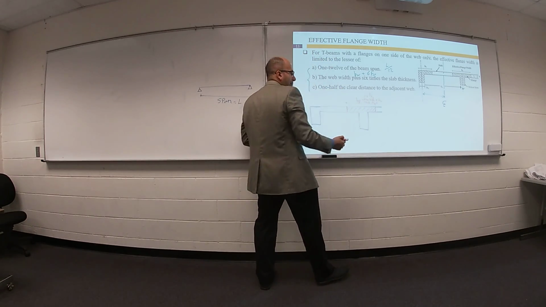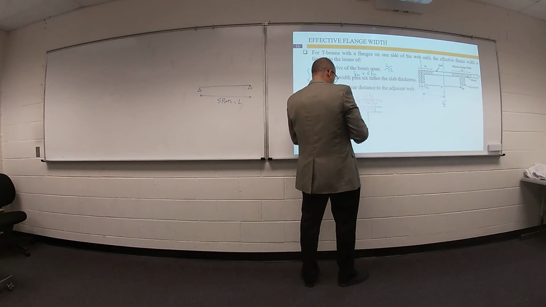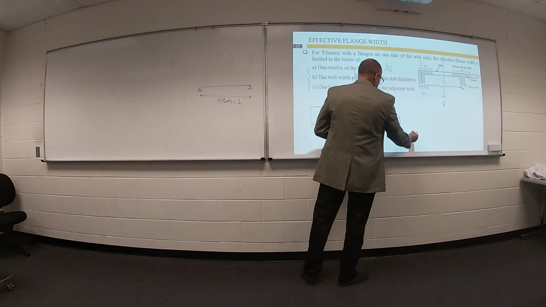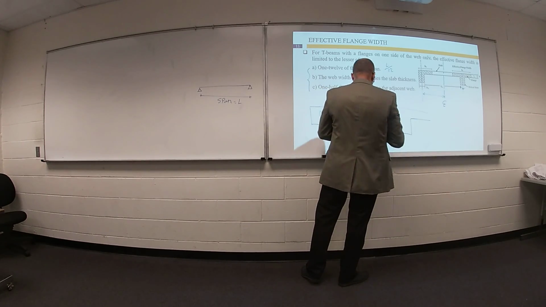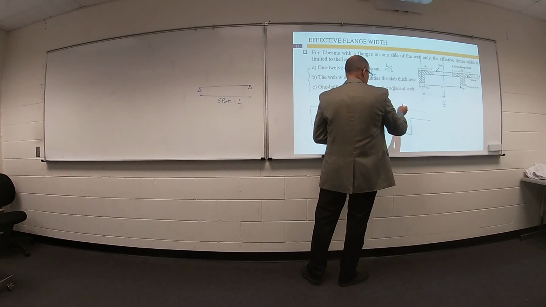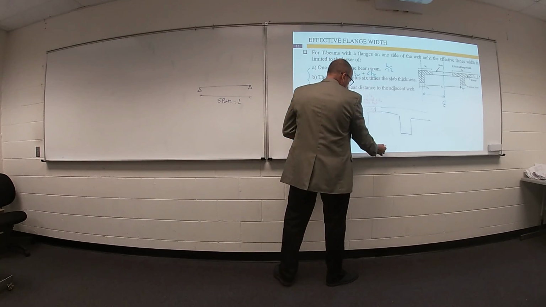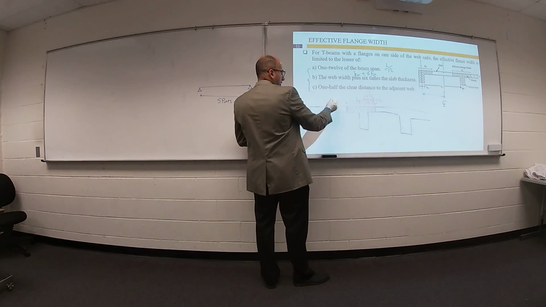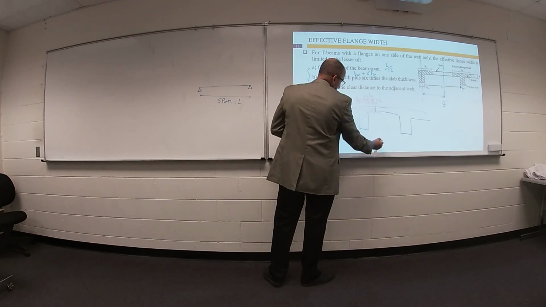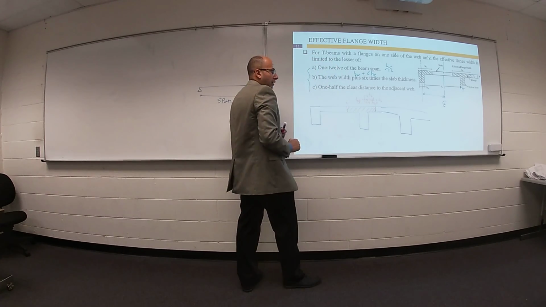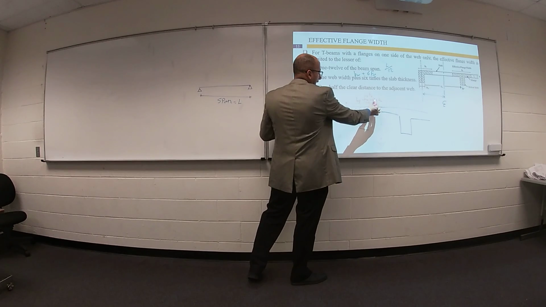Center line to center line means we have another beam here. Between this beam and this beam, we have a center line here. Between this beam and this beam, we have a center line here. So sometimes maybe your B flange is like this.